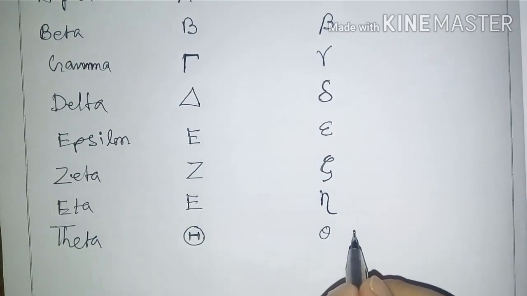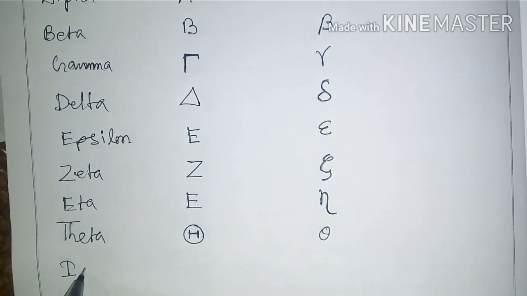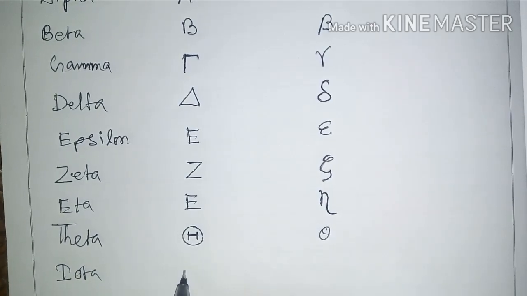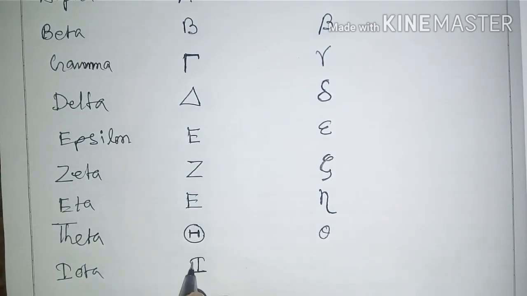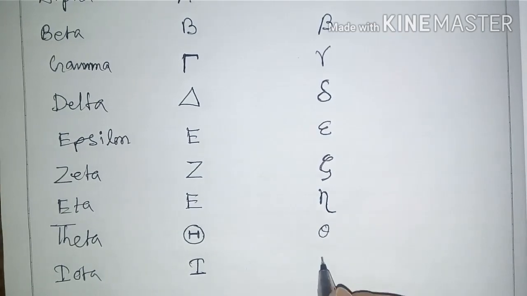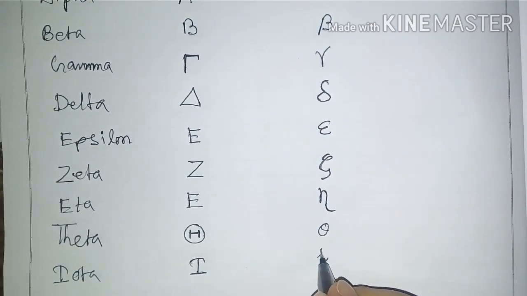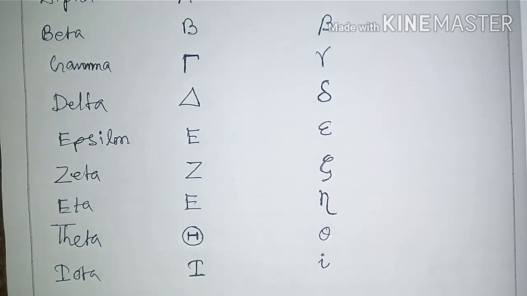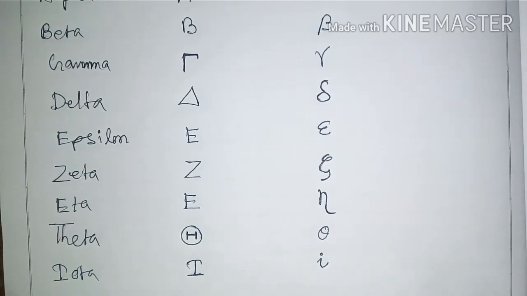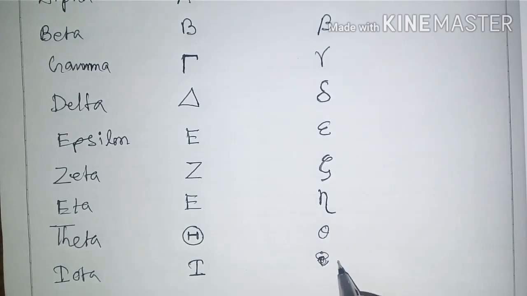This one is theta. Iota: this is capital I, and small like this. This one is iota.